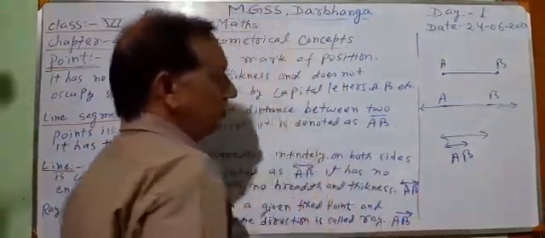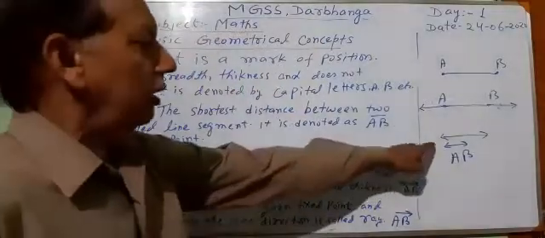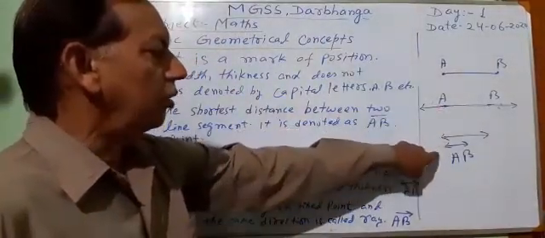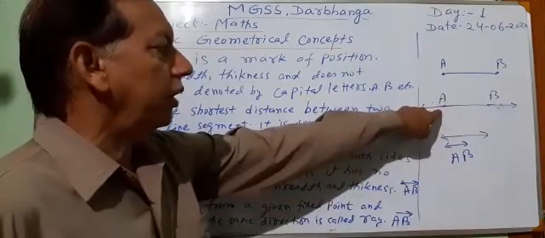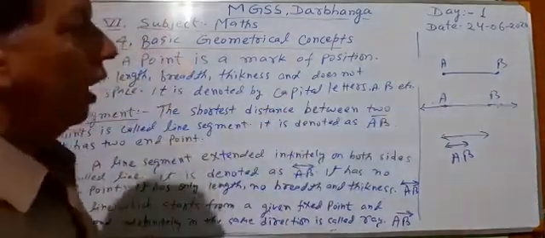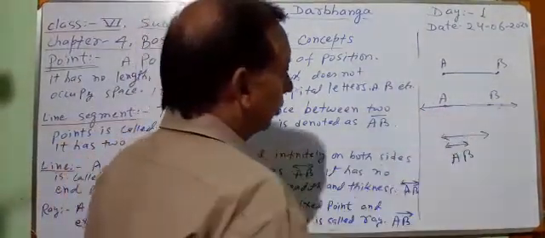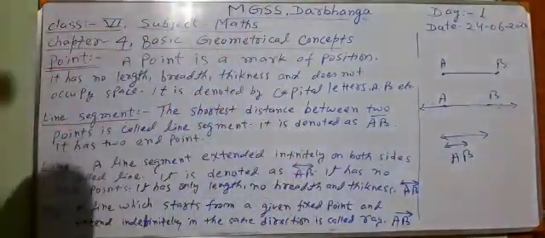What are the specialities of the line? Line has no end point. It extends in both directions indefinitely, and it is also made by collecting an infinite number of points. Here I have written everything.